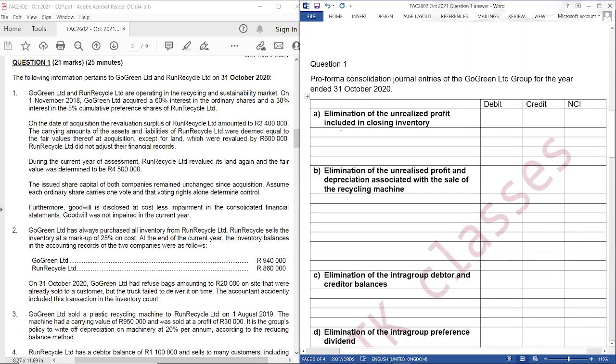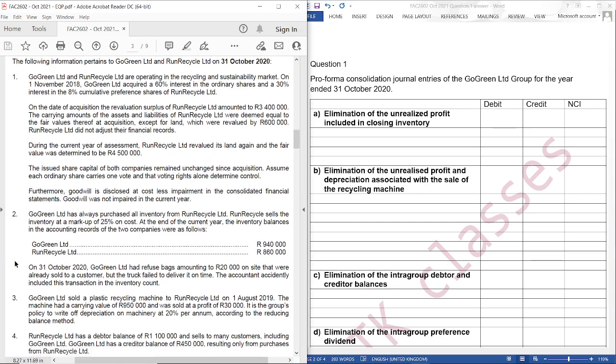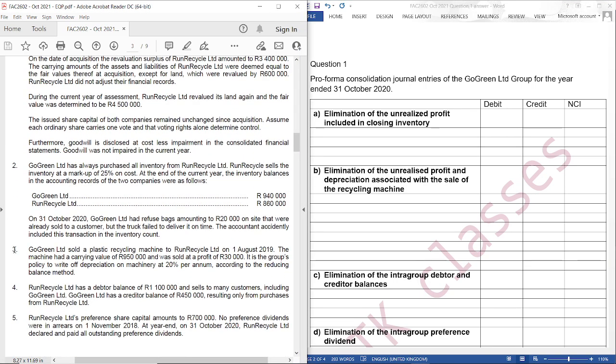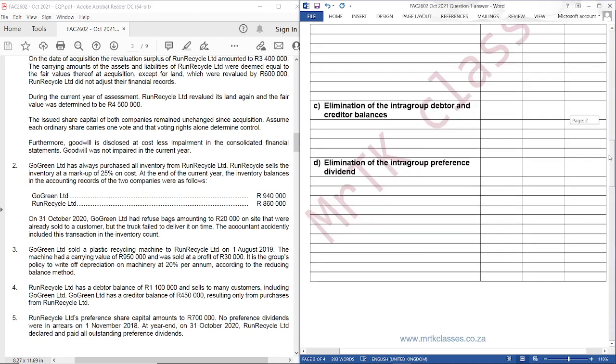All right. We can see that requirement A needs us to focus on inventory, and inventory is transaction number 2. Let's read transaction number 2. Go Green Limited has always purchased all inventory from Run Recycle Limited. Let's write something down.